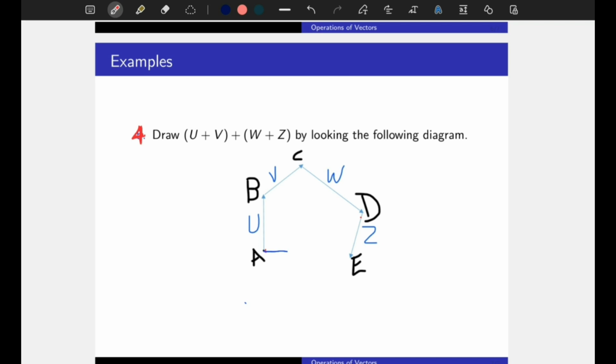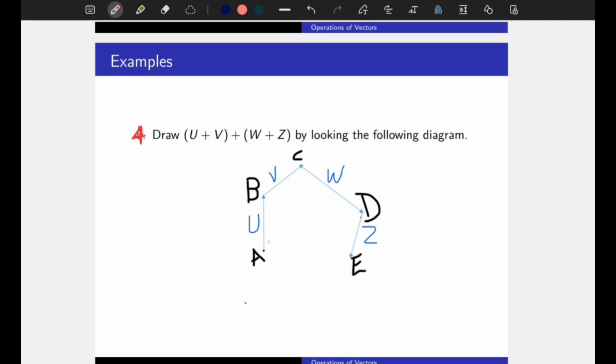So the fourth question is, we are asked to draw the sum of these four vectors by looking at the diagram given here. The first vectors are u and v, so they are arranged head to tail.